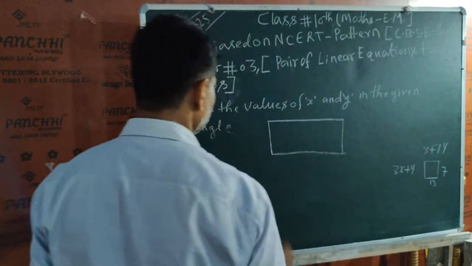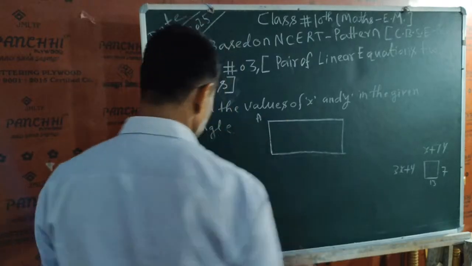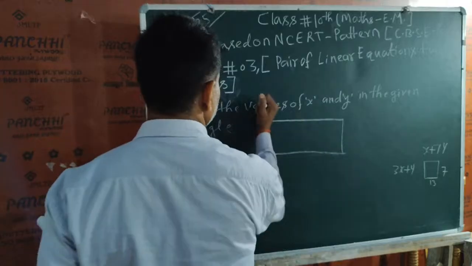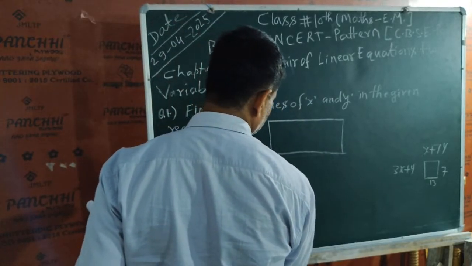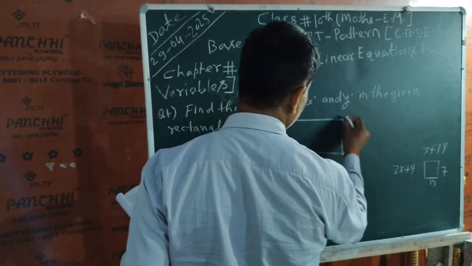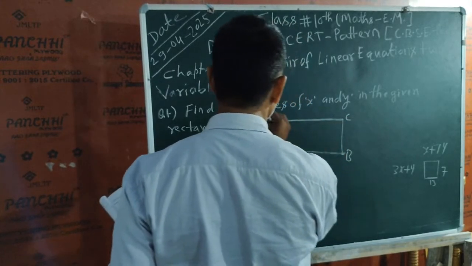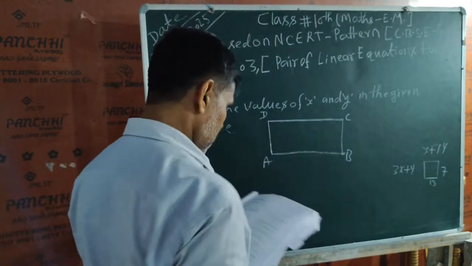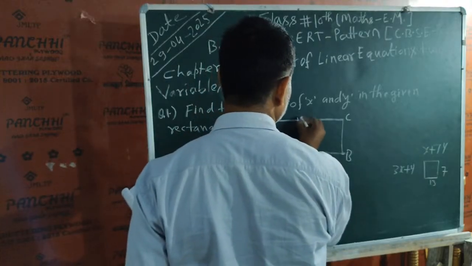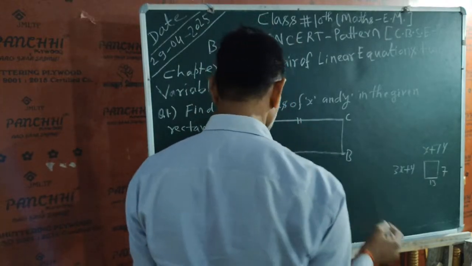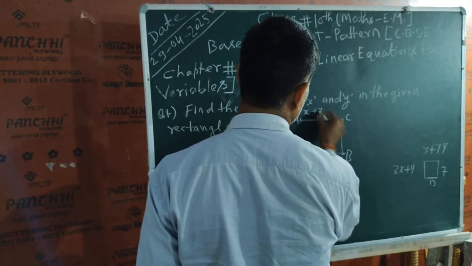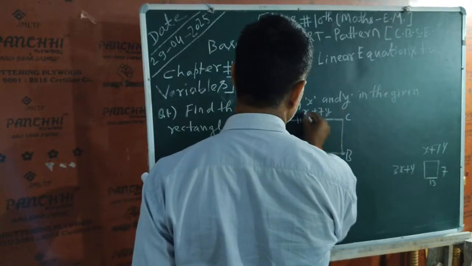Here this is vertex A and this is vertex B. The length of this side is written as x plus 7y.